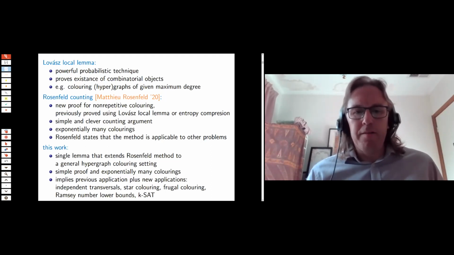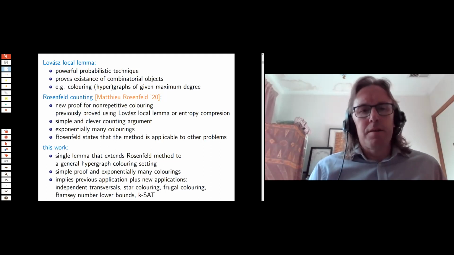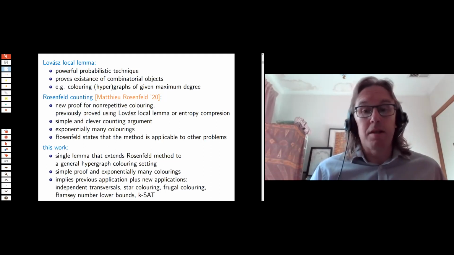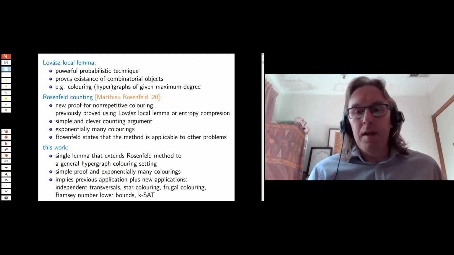As I said, one of the advantages of this sort of new approach is that it gives exponentially many colorings. Now, many people have pointed out to me that if you push the local lemma a little bit further, or if you use entropy compression and you can push the method a bit further, then they also can prove the existence of exponentially many colorings.